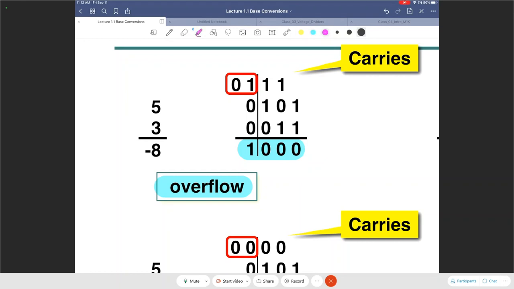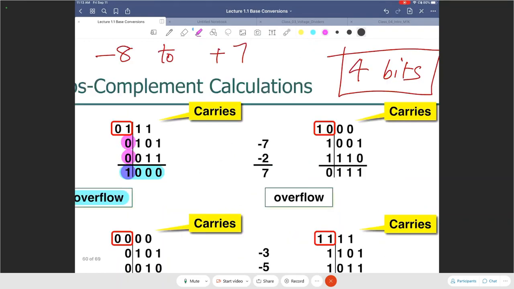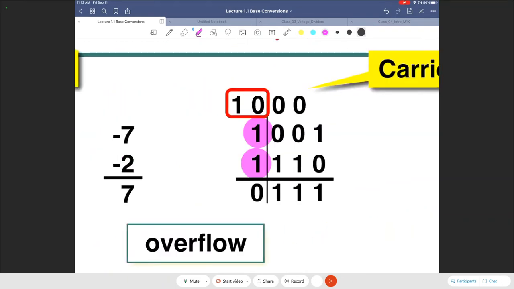Another way of detecting overflow in 2's complement arithmetic is positive plus positive cannot be negative. Invalid. Overflow has occurred. Negative plus negative cannot be positive. Overflow has occurred.